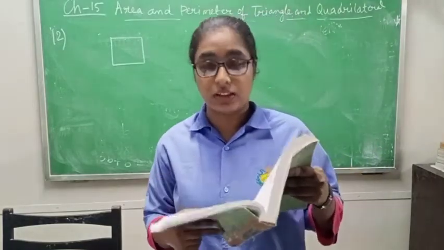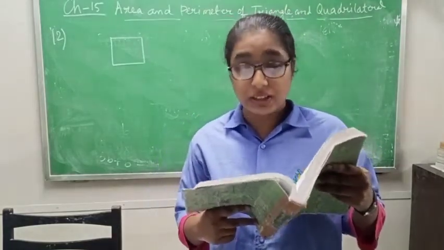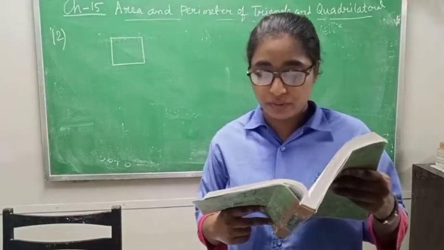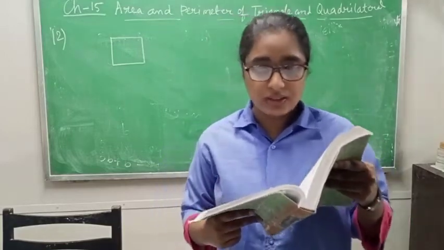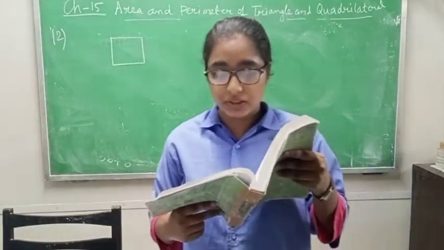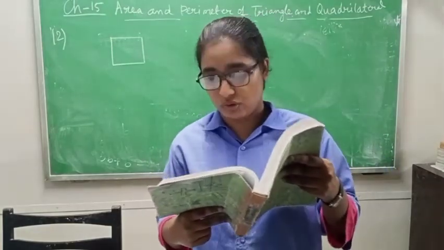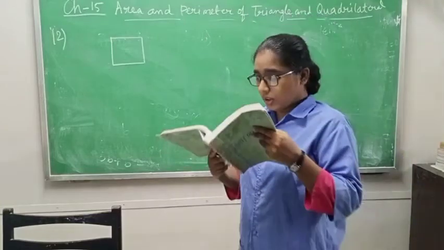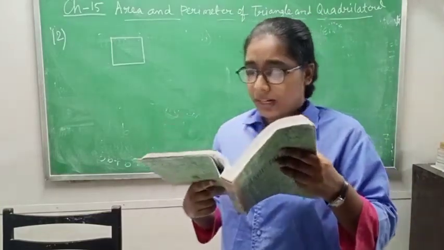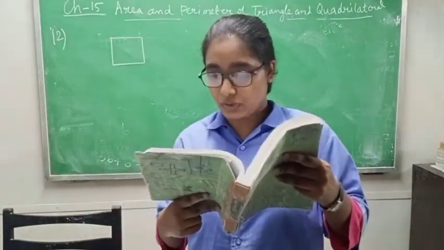In my book I have done the correction, so you can also do it if it is written wrong. So the question is, there is a 2.5 meter wide path around the square garden of Shiraz.